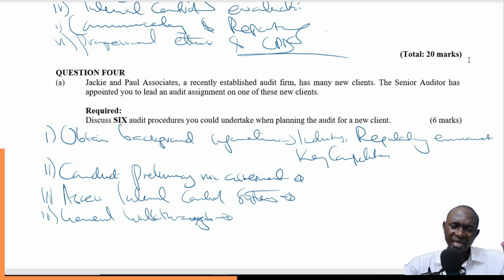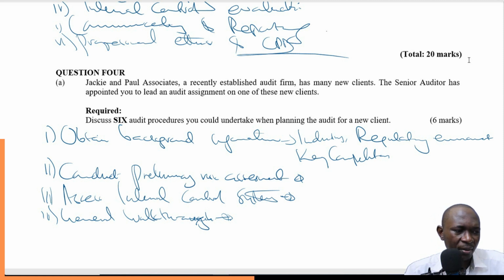Just conduct that general walkthrough, check on some of the documentation, and it will help open your eyes before you start planning for an audit of a new client.